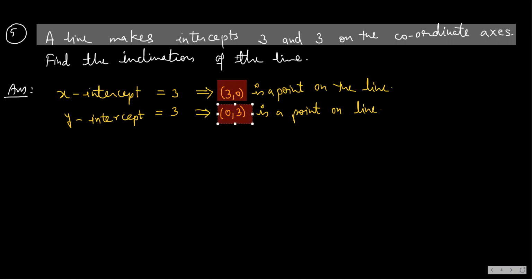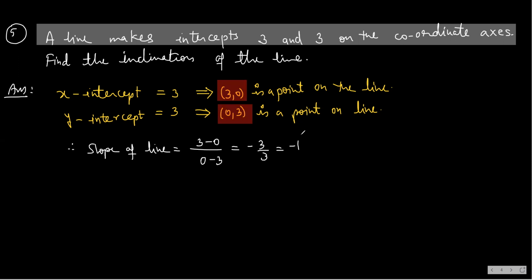Now I have two points on the line, so I can find the slope. Slope equals (y2 minus y1) upon (x2 minus x1), which is (3 minus 0) upon (0 minus 3). That is minus 3 by 3, that is minus 1. This is the slope of the line.